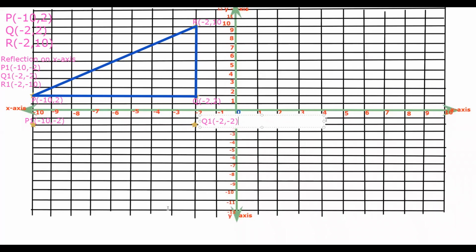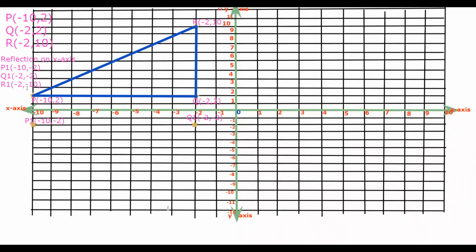Okay, that's -2 and -2. And then R1 here is also formed by what?